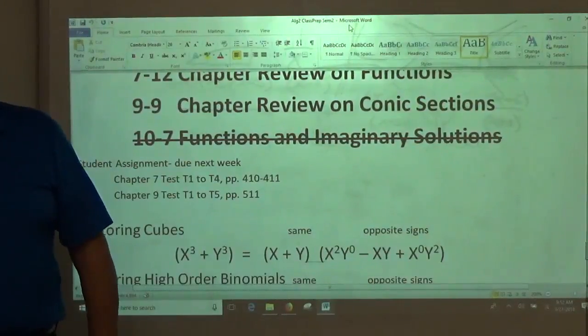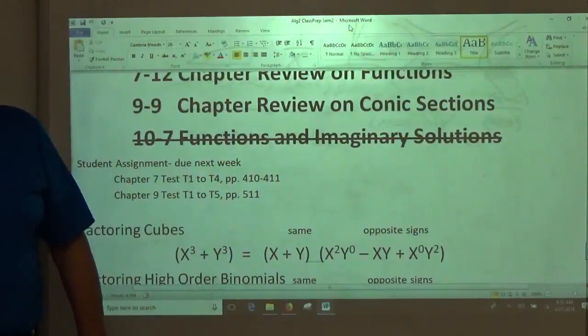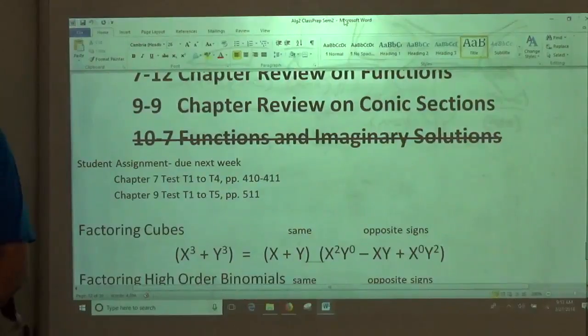Problems T1 and T2 are just straight answers. So which problems are you doing? T1 through T6.